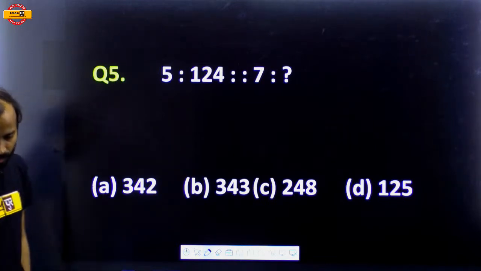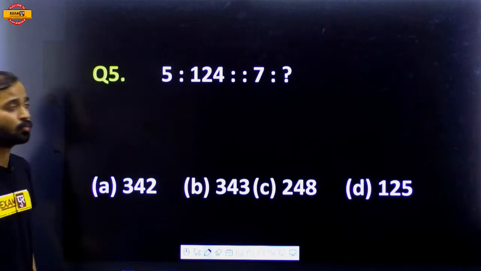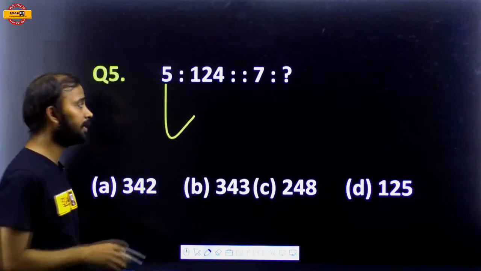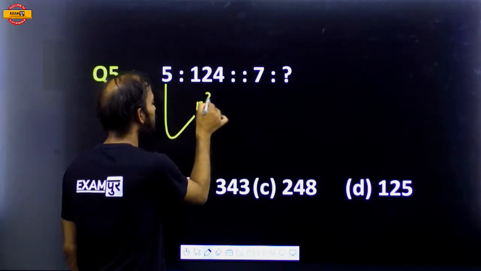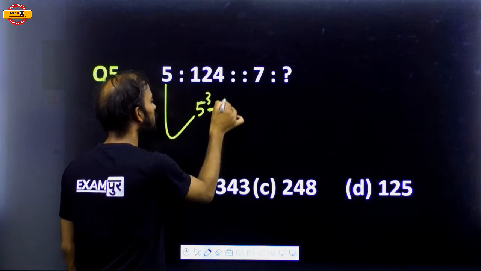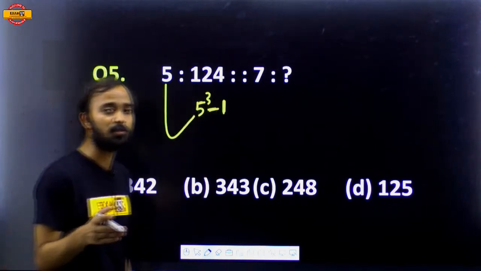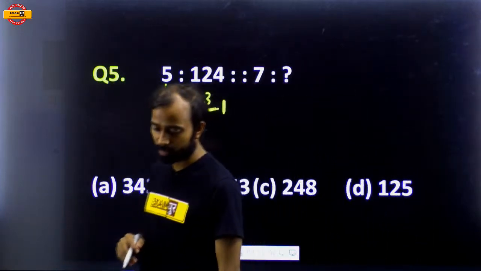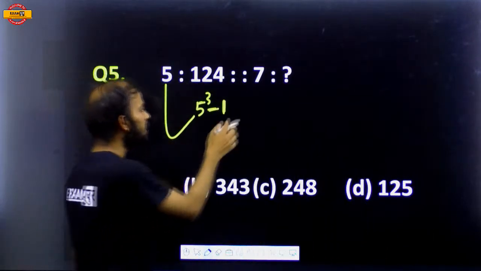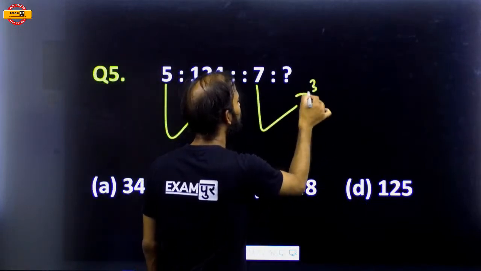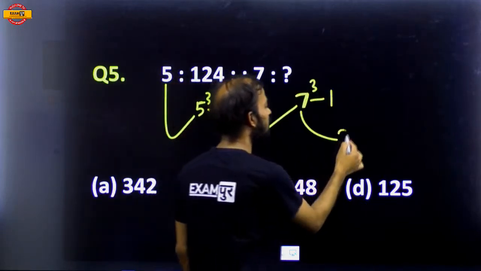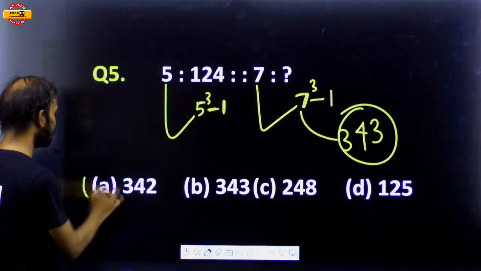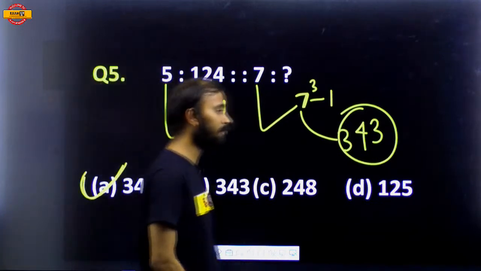Like 5, if you go from 5 to 124, what will we do exactly? 5 cube minus 1, then you can easily find the number 124, because 5 cube is 125, and 125 minus 1 is 124. Similarly, 7 cube minus 1. 7 cube is 343, and 343 minus 1 is 342. 342 will be the answer. With the help of options, you can find out the answer.